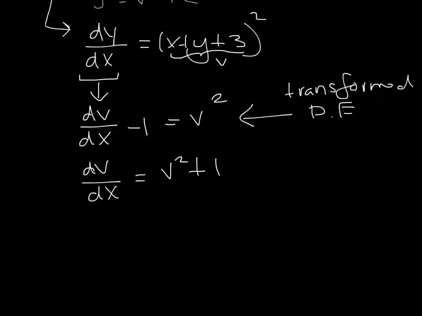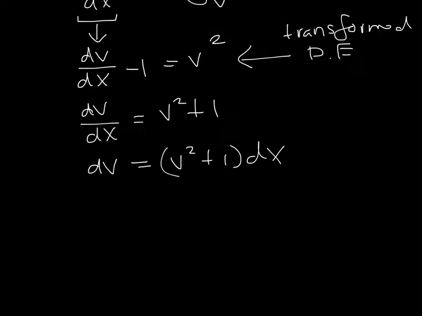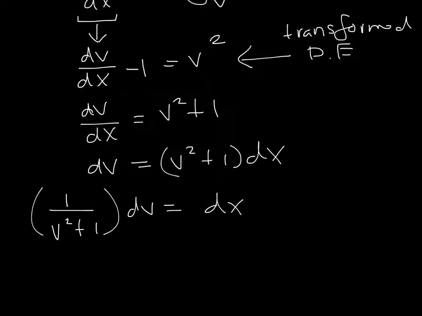So if I multiply by dx, I get dv equals (v squared plus 1) dx. And I'm going to divide both sides by v squared plus 1, because I want it with my dv, and then my dx is just hanging out.